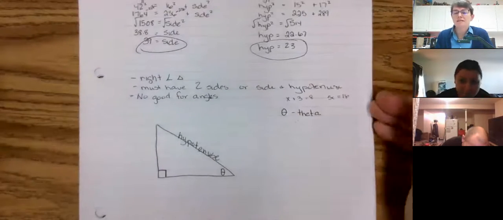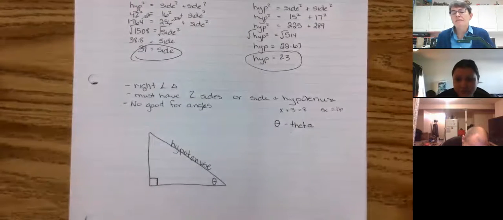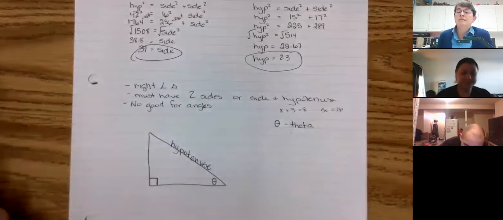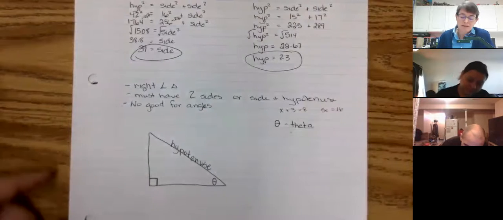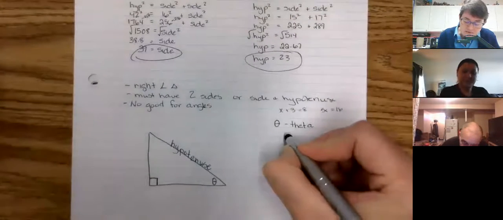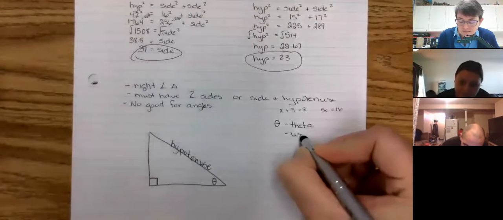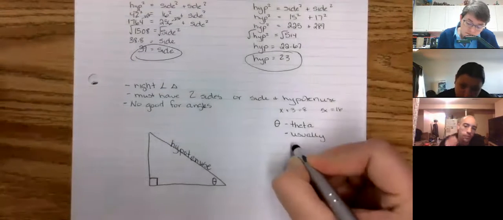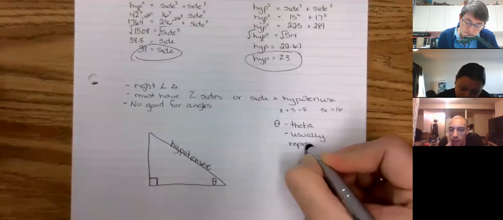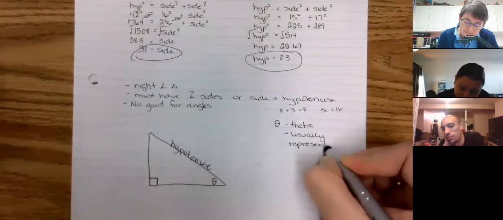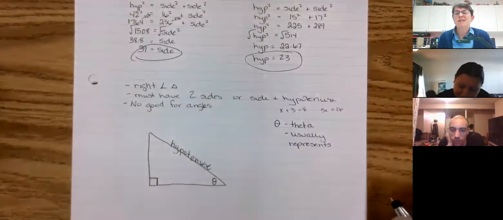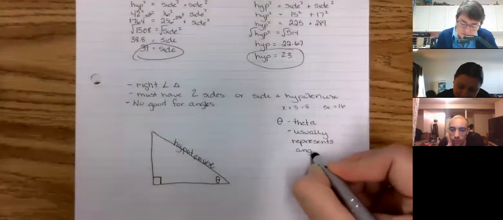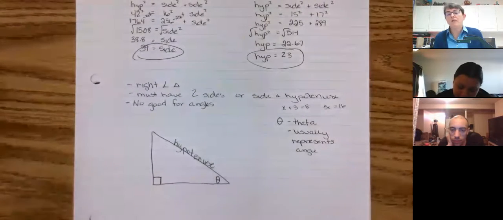For some reason, mathematicians decided that x is what we're going to use for the unknown. Well, in geometry, they don't use x. Most of the time, they use theta. And theta usually represents an angle. Like a missing angle? Yep. And I don't know if it's ever used for anything else. Either a missing angle or the angle we care about.